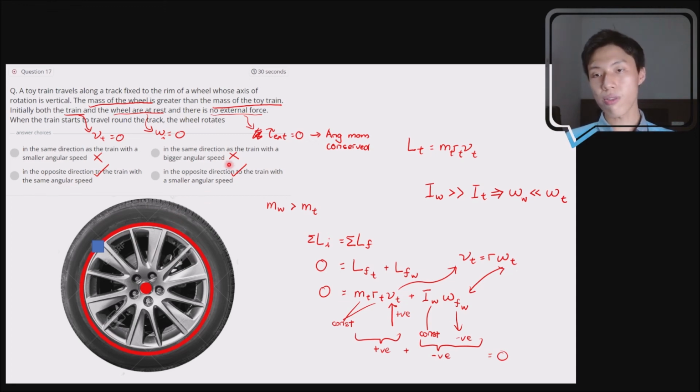So it will definitely be a smaller angular speed. Same will be wrong. Same angular momentum will be correct, just in the opposite direction. But if you talk about speed, the wheel will be rotating slower, so it's a smaller angular speed. So that's how you solve question 17.